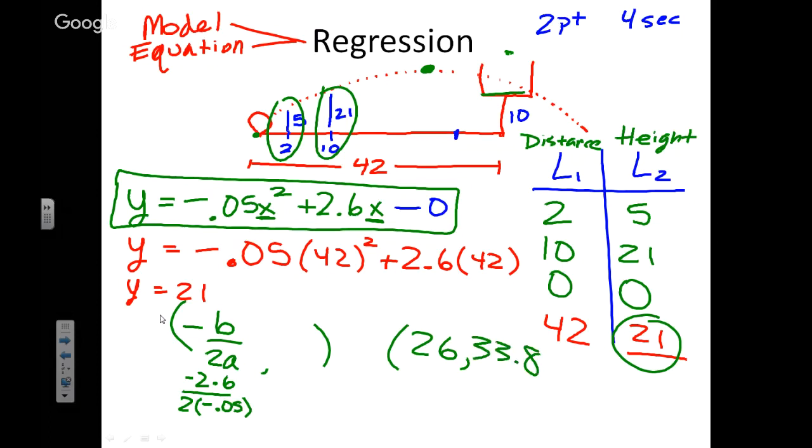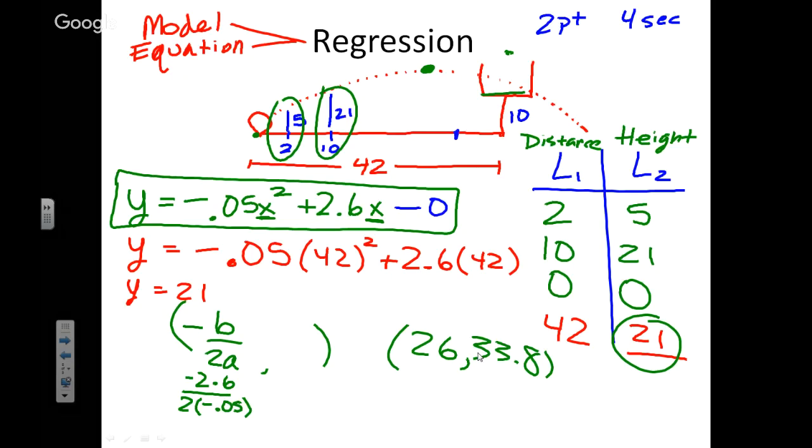So just so we know, we can throw this over here on our table. I'm just going to rewrite it: 26, 33.8. Because I labeled these things, I can answer the question.